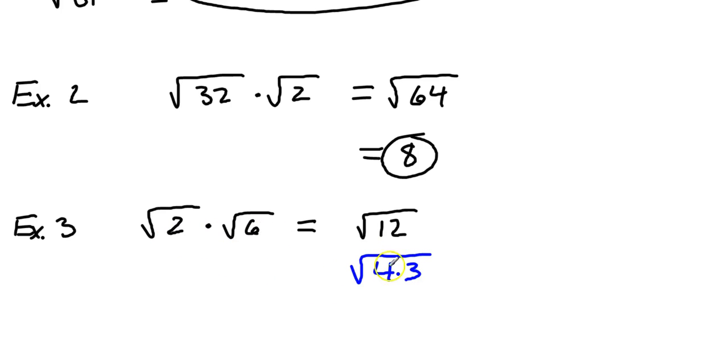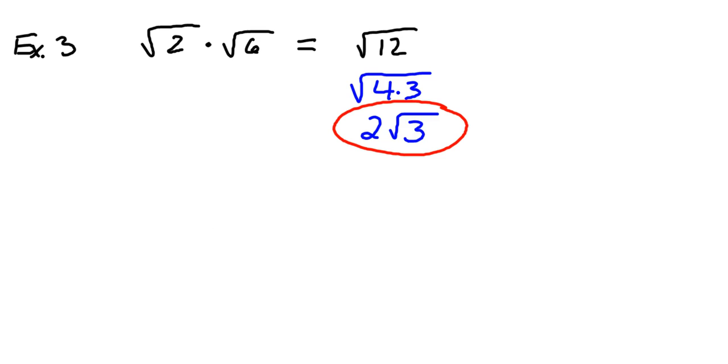Now again, you could do 2 times 6, but if you think about perfect square roots, it's 4 times 3, square root of 4 would be 2. So then you've got 2 square root of 3. Okay, so if you see the part where it's basic or the intro, it should be really easy numbers to break down. They shouldn't go too awfully crazy with these.